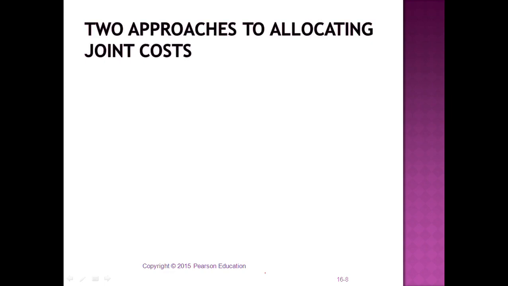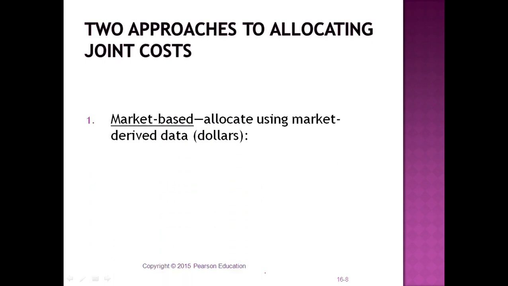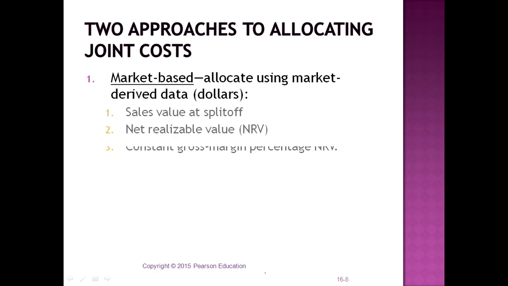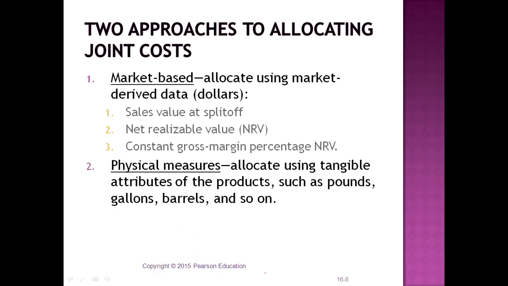So with that, let's go to the methodology or the approaches to allocating the joint cost to the joint product. There are actually two approaches. One is called the market-based approach, and the second one is called the physical measure approach. The market-based approach uses the market value or the sales value of your product at the split off point, or maybe even at the end product output.